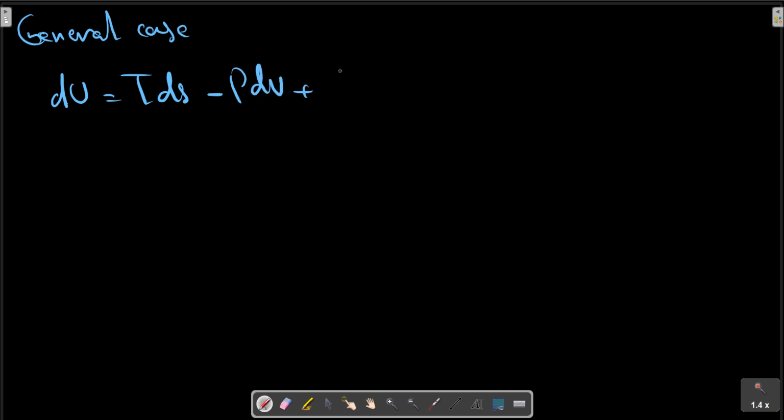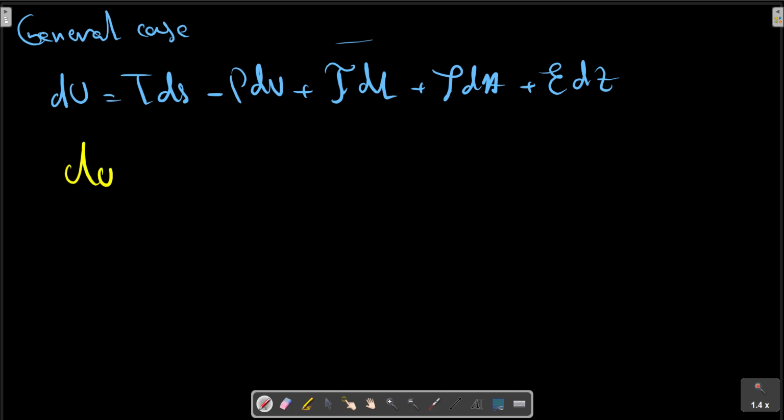For example, for the general case, dU equals T dS minus P dV, plus electrical terms, and for example dU equals T dS plus a term involving the surface effect.